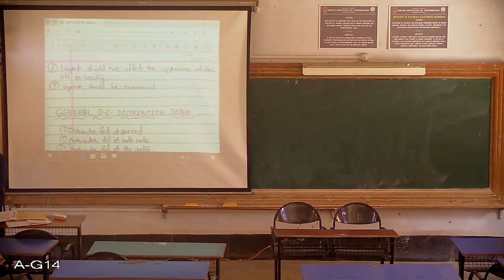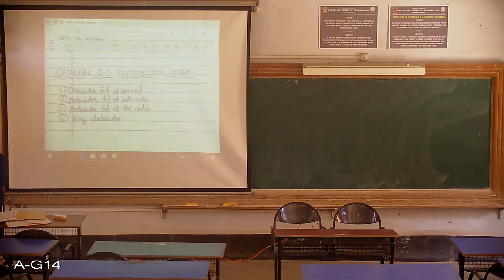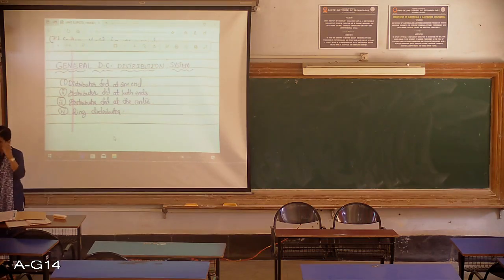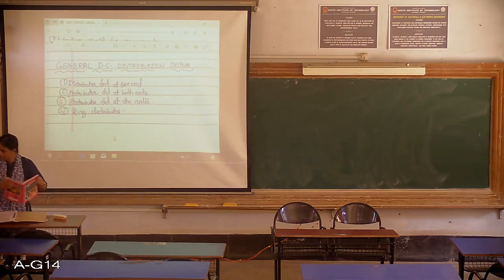So first we will take up the DC part. Under the DC distribution scheme, we have 4 types: distributor fed at one end, distributor fed at both ends, distributor fed at the center, and the ring distributor.